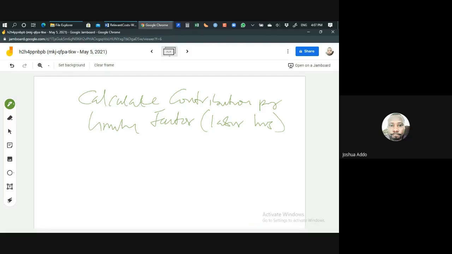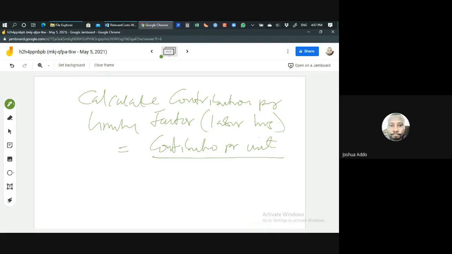Contribution per labor hour, you understand that the formula will be equal to contribution per unit of the product divided by the limiting factor per unit of the product.